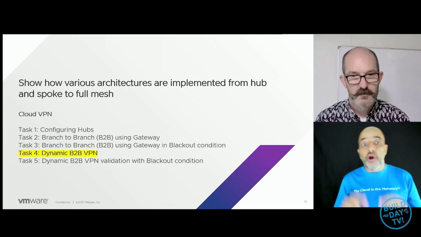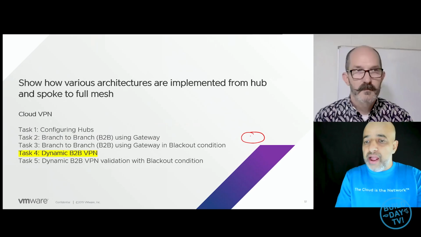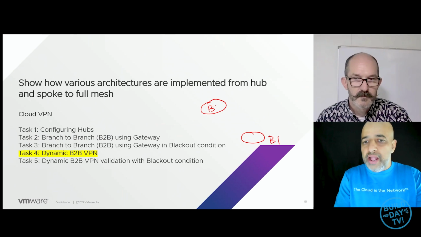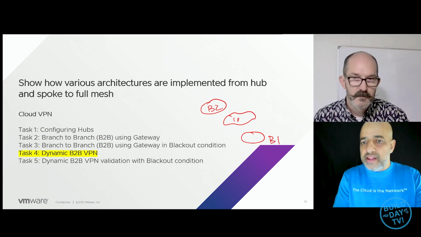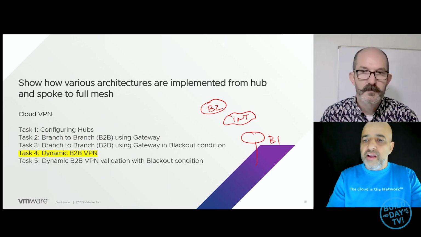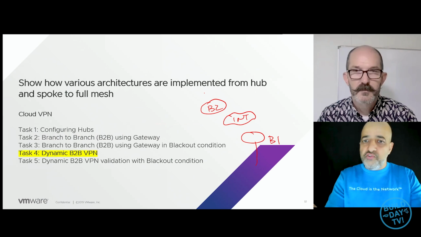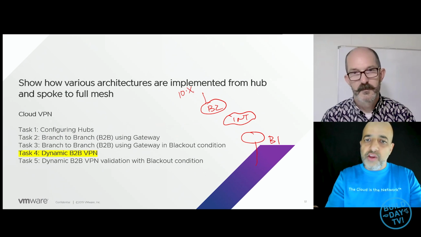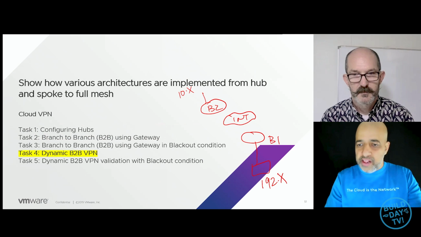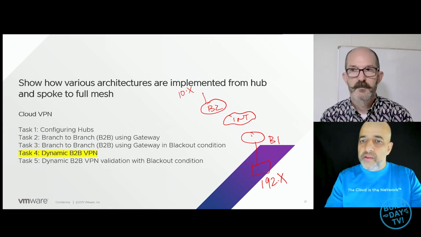So this is the only test case where you have a branch 1 edge device and a branch 2 edge device, and you have internet in between. When you see interesting traffic between branch 1 and branch 2, so let's say the subnet here is 10.x, and the subnet here is 192.x, this is where my laptop is.